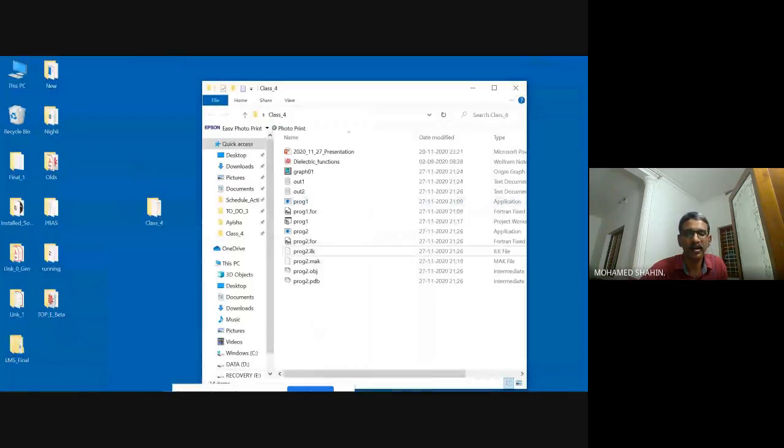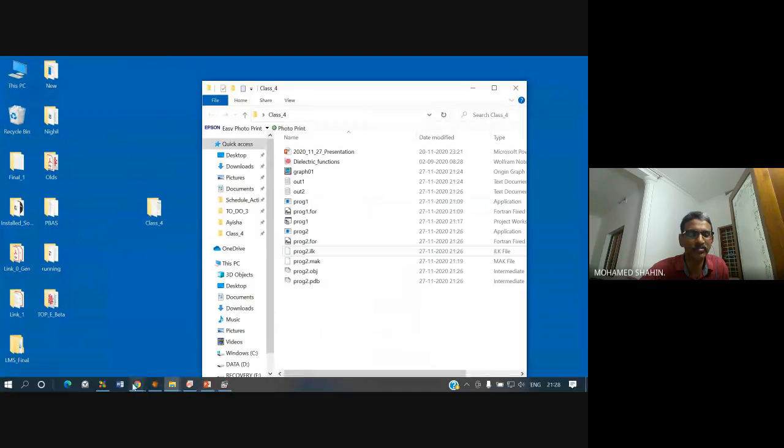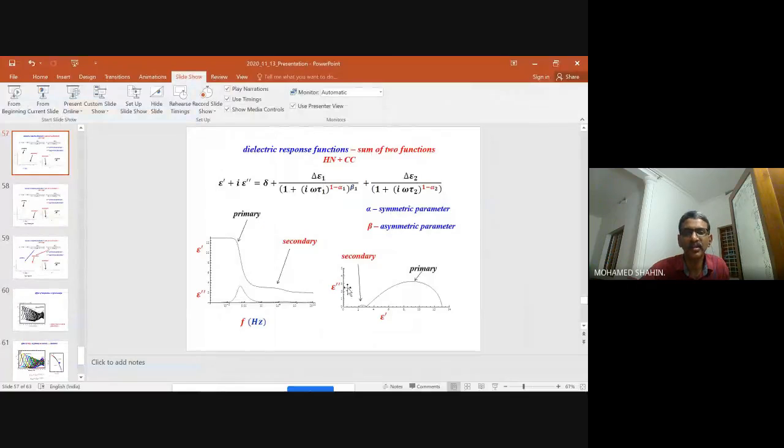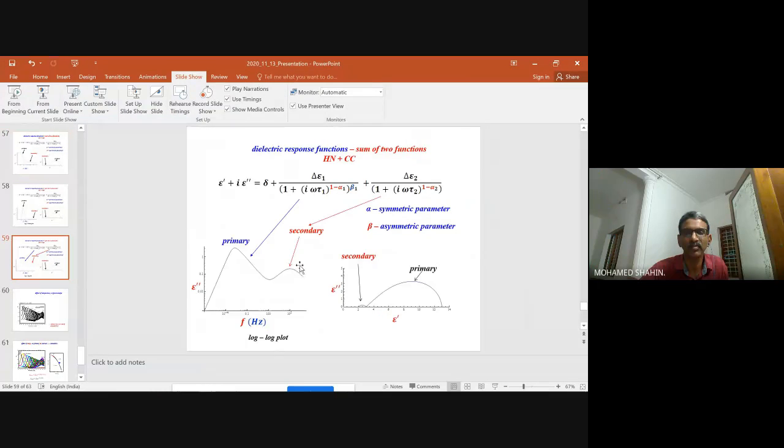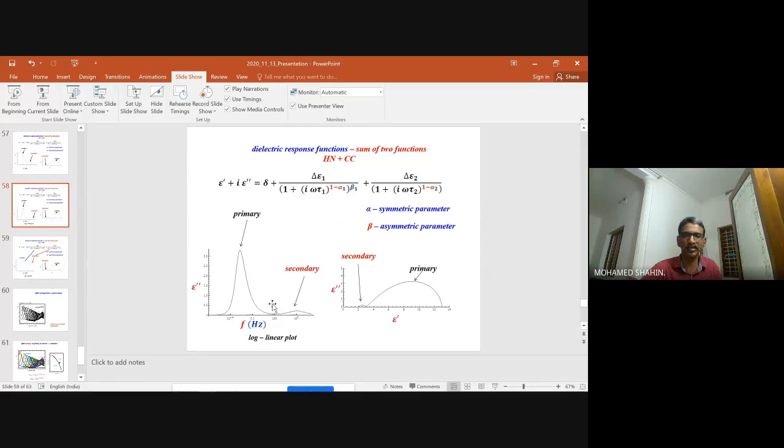Okay, now you can see that this is what we have seen here. The second plot I have generated now, and we have plotted this log first and linear second.